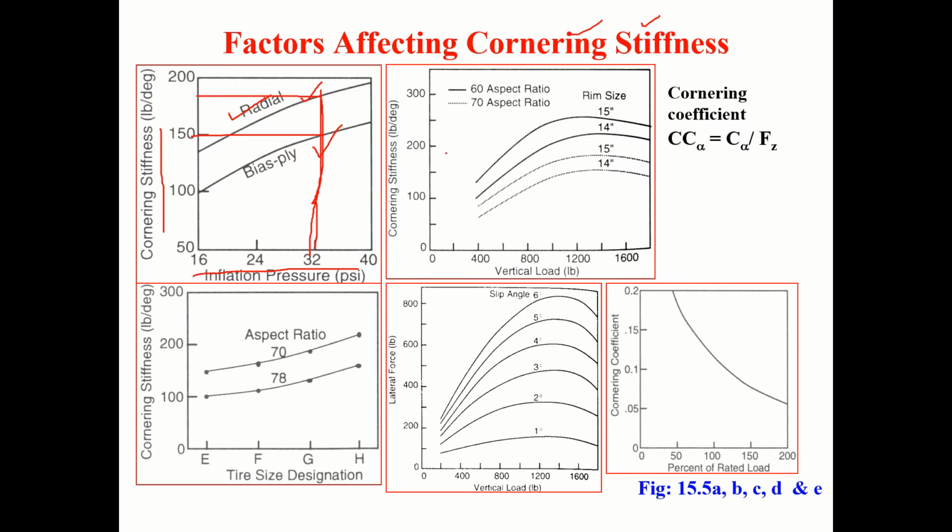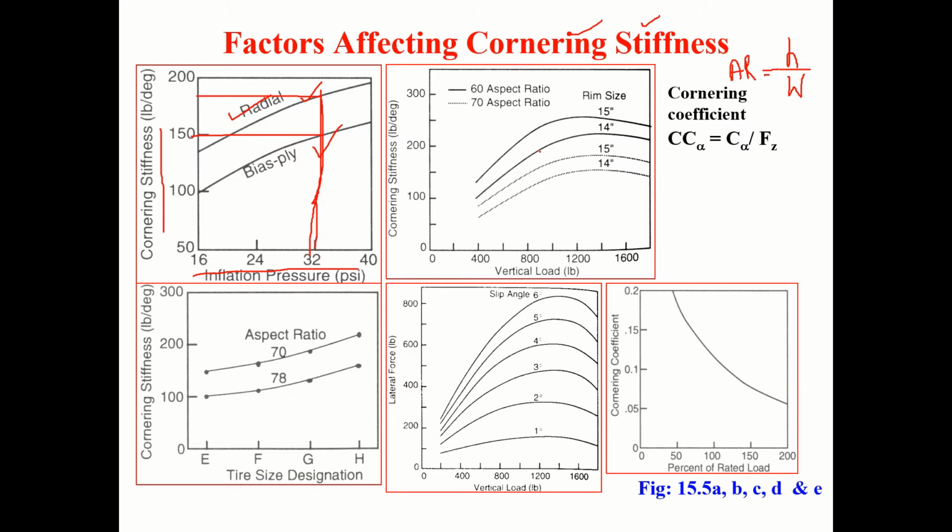Now let us look at aspect ratio. Aspect ratio is height by width. This is what we call aspect ratio. Now let us take a 60 aspect ratio.